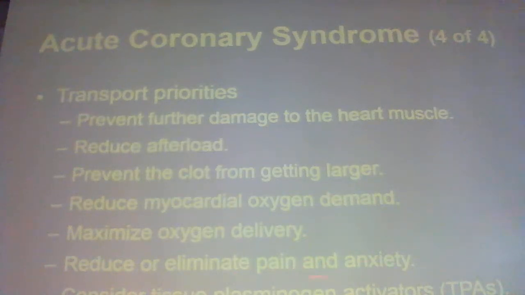Reduce or eliminate the pain and anxiety. In 2018, there is no reason for somebody to hurt. We have lots and lots of drugs for that. And then consider TPA. We don't do this that often. What's the criteria for this now?